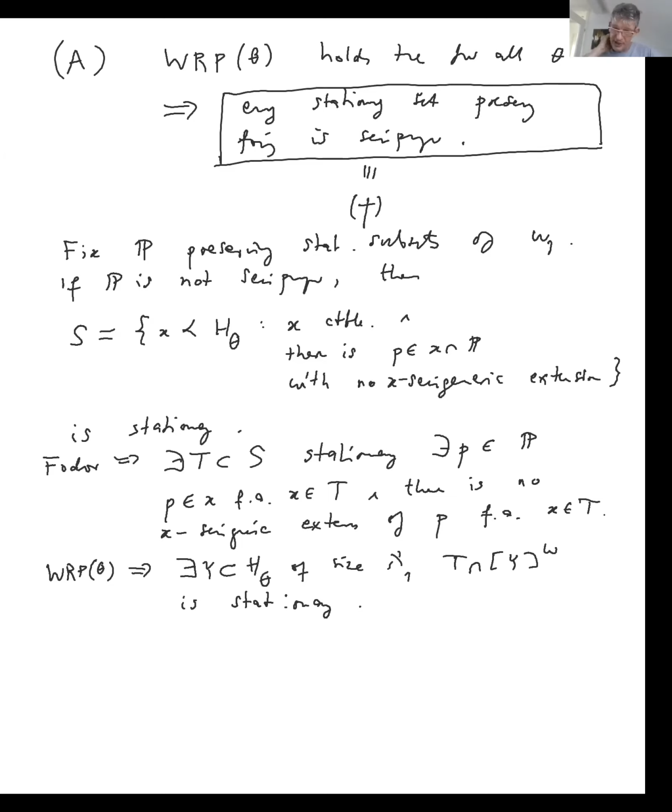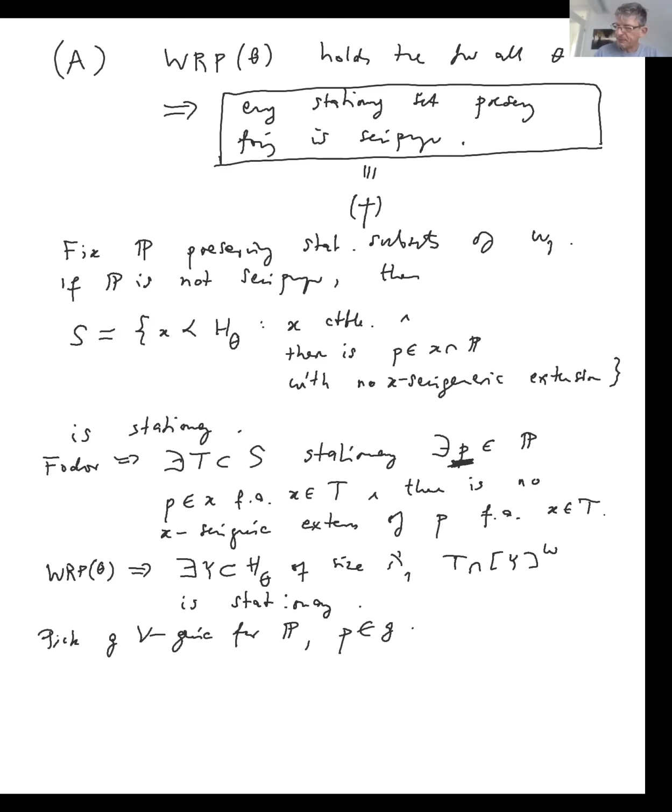So there we have this one constant P, this one condition, so that for no submodels in T there is a semi-generic extension. So what we now do is we pick a V-generic G for the forcing P with P in G.